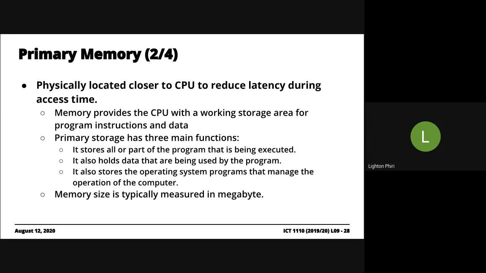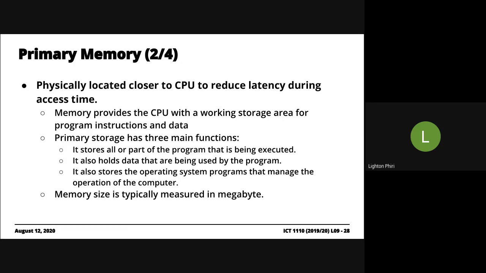So the idea behind primary memory for the most part is to be located much, much closer to the CPU, for obvious reasons. Remember that fundamentally the CPU is there to execute instructions, and the instructions that are executed are initially fetched from primary memory.